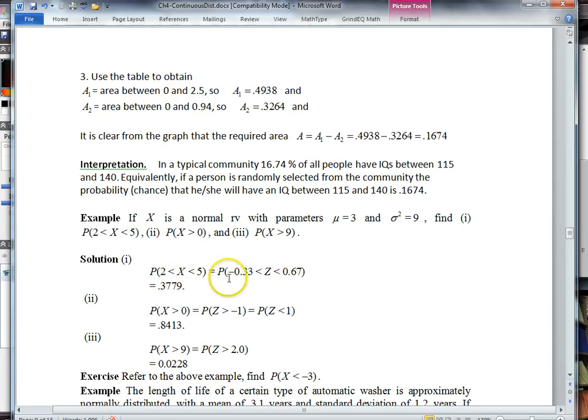The z of 2, using the same formula I had above, would be -0.33, and the z-score of 5 is 0.67. So again, converting those values to z-scores, and then graphing this, and computing it using the table.